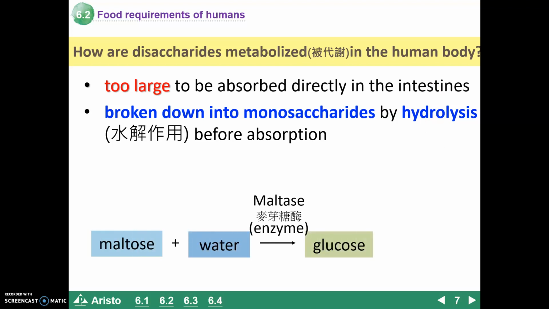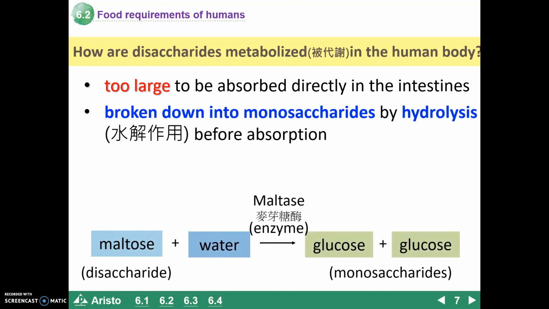So how can maltose be metabolized by hydrolysis in our body? Maltose is a disaccharide. We have to break down maltose first before it can be absorbed, before it can become substrate for respiration. We have to use an enzyme, chemical digestion.